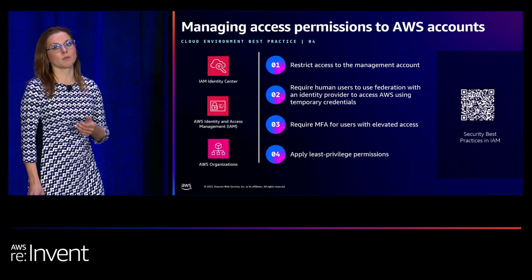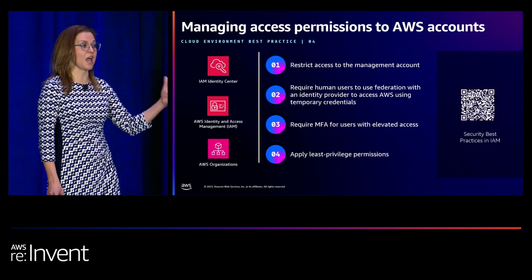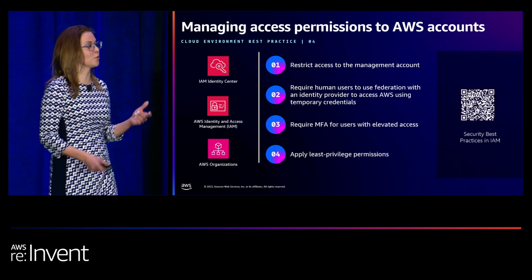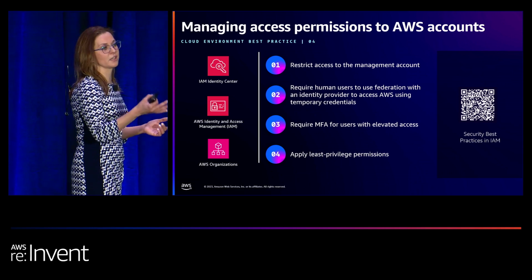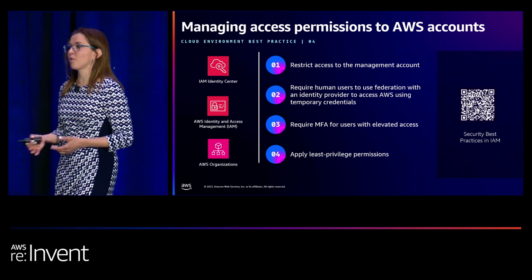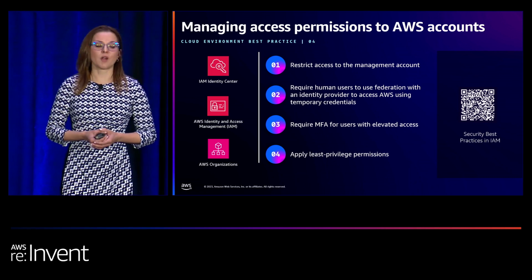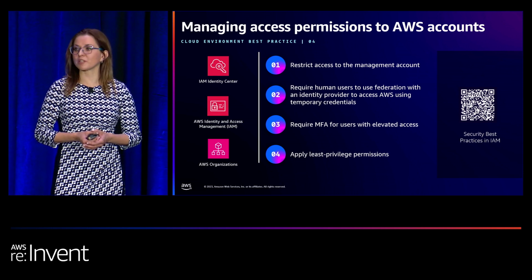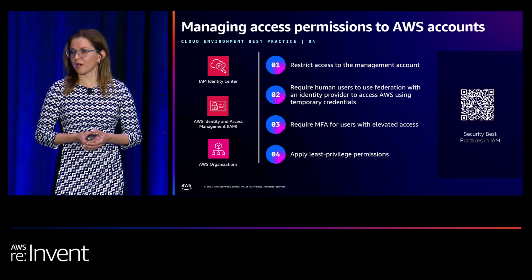We also recommend that you periodically review who has access to the management account as well. Then you have human users, human identities accessing AWS. That could be your developers, your security folks, compliance folks. We recommend that human users use temporary credentials when accessing AWS.